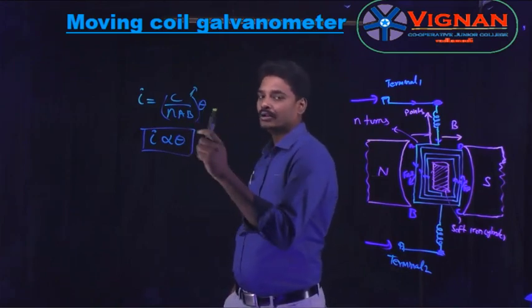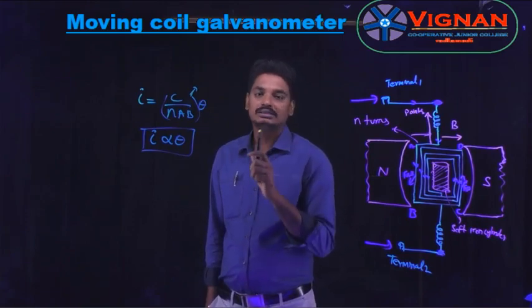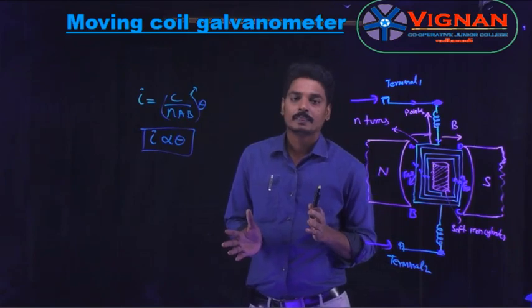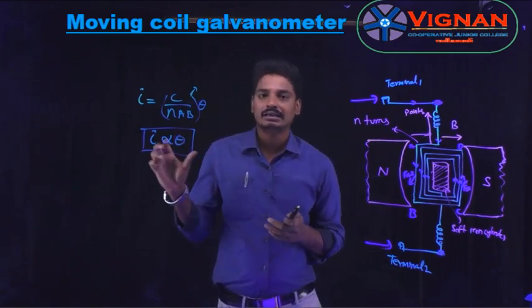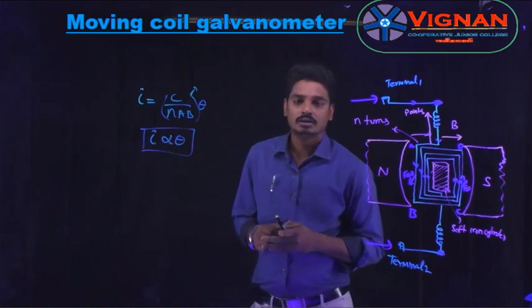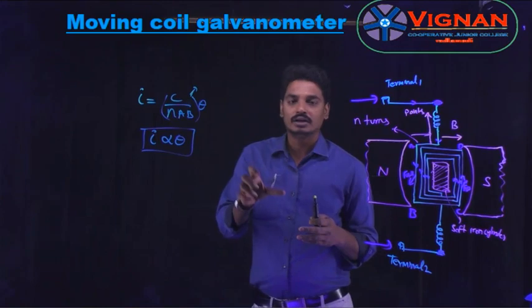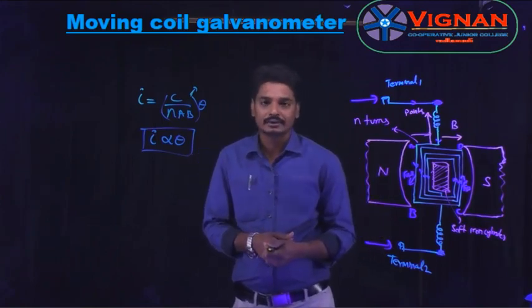The galvanometer constant is independent of the Earth's horizontal magnetic field, so it can be used anywhere. It does not change its value due to the Earth's horizontal component of the magnetic field. What the Earth's horizontal component is, we will study in our later chapter, magnetism and matter.